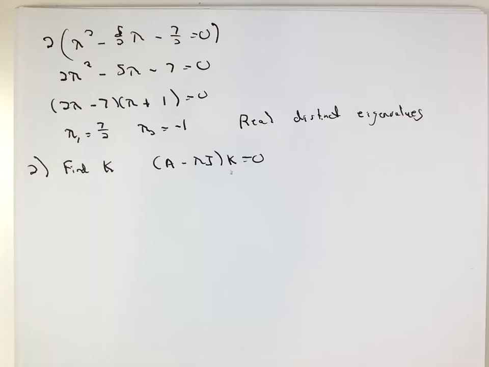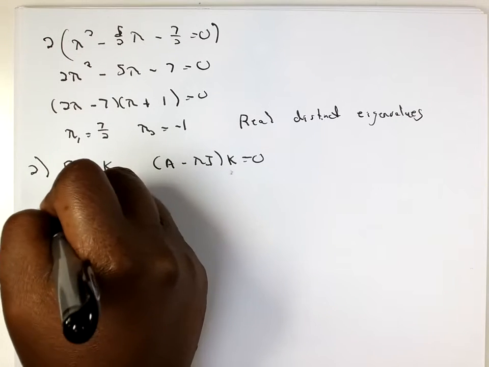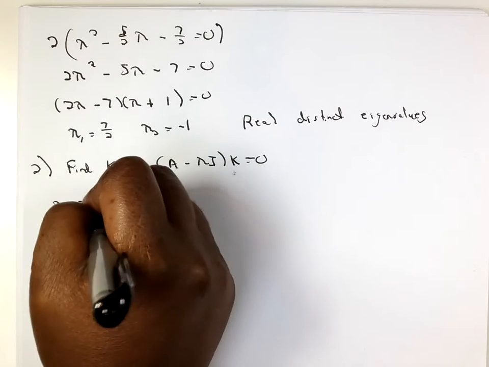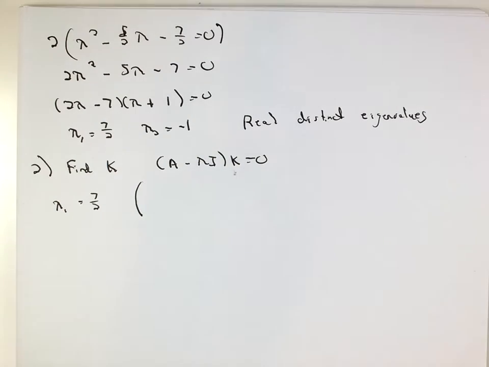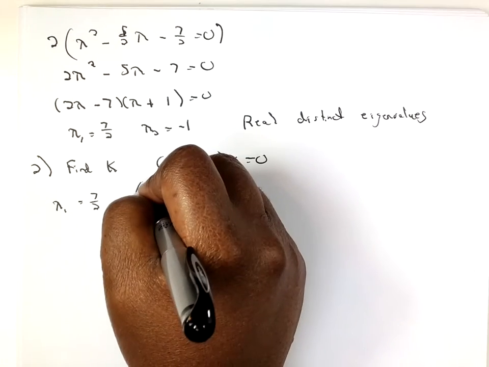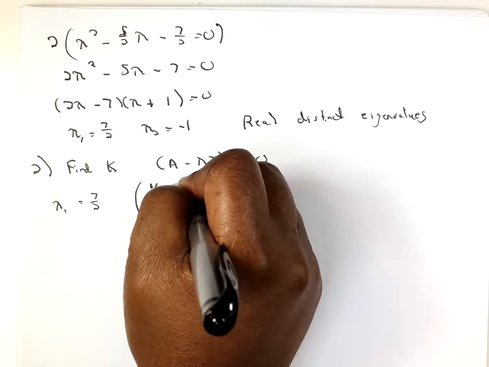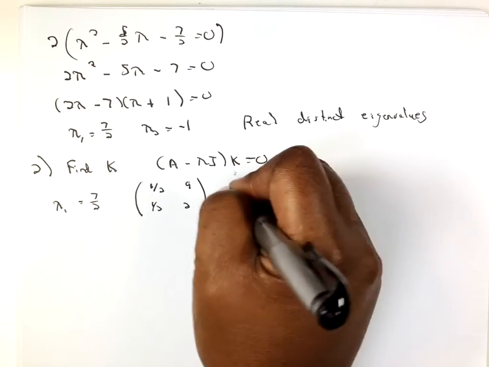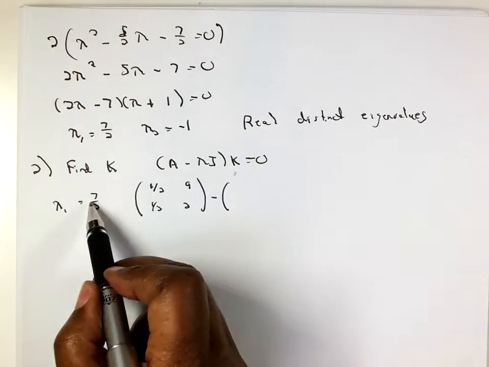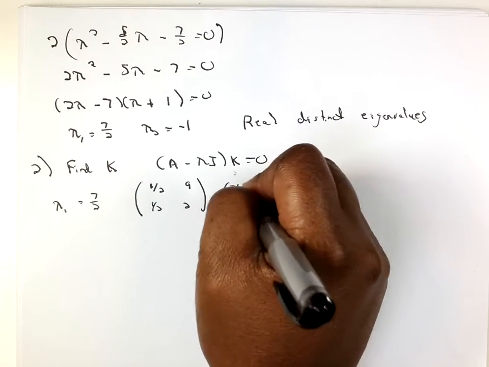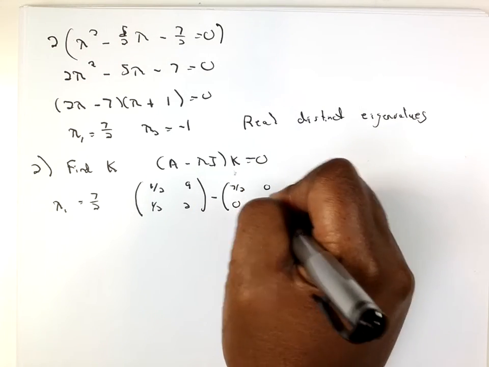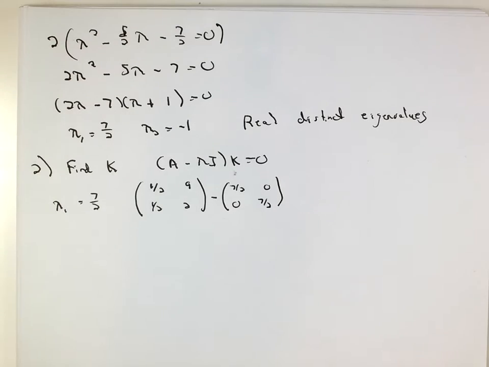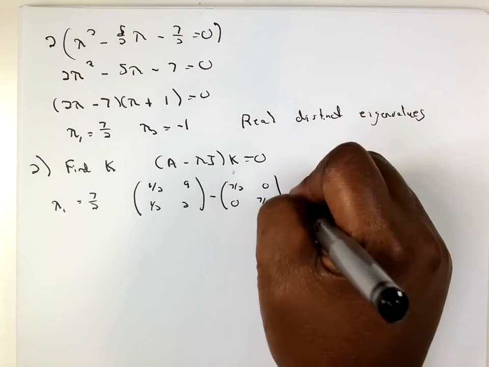So we know that (A minus lambda I) times k is equal to 0. So lambda 1 is 7/2. And I just need to take my original matrix, which was 1/2, 9, 1/2, 2, and subtract lambda I. So what that's going to do is just put my eigenvalues on the diagonal, zeros everywhere else, no matter how big the matrix is.